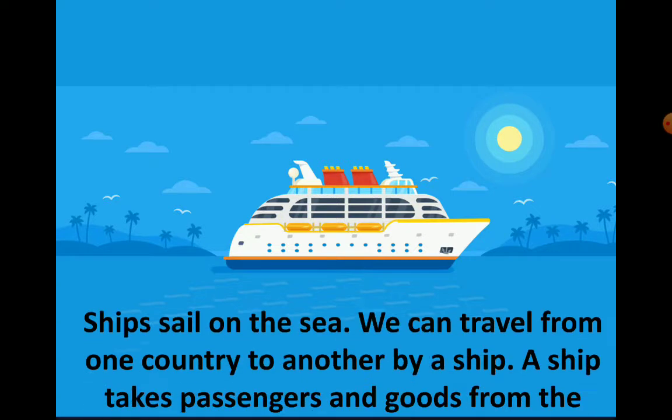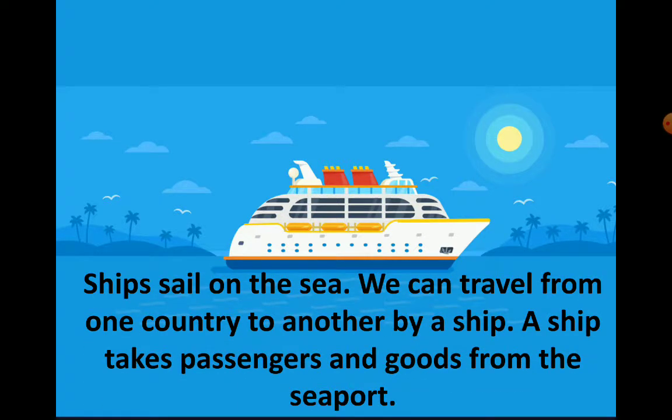So let's see. Ships sail on the sea. We can travel from one country to another by a ship. A ship takes passengers and goods from the seaport. So ship is our first means of water transport, and it sails on the sea.